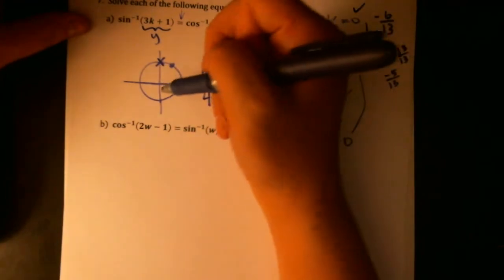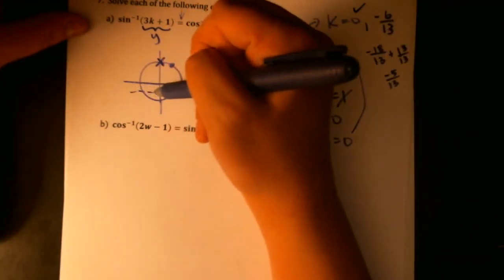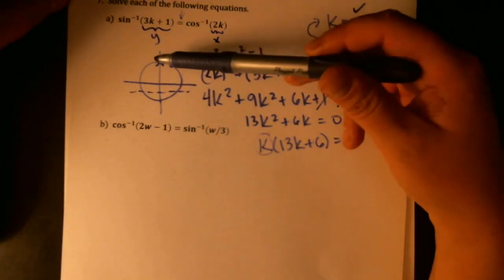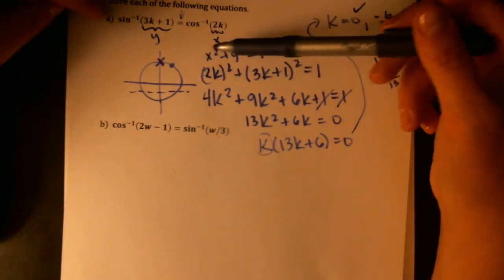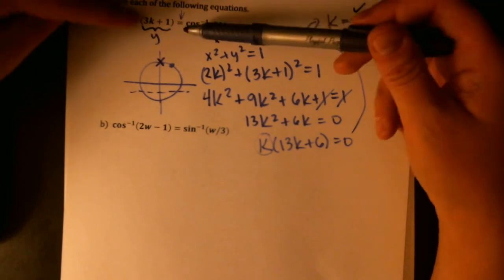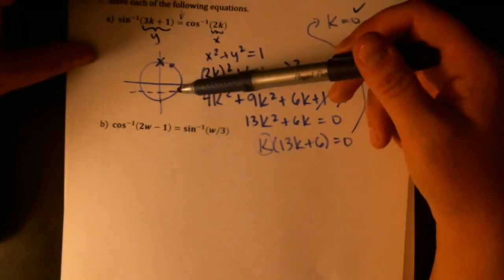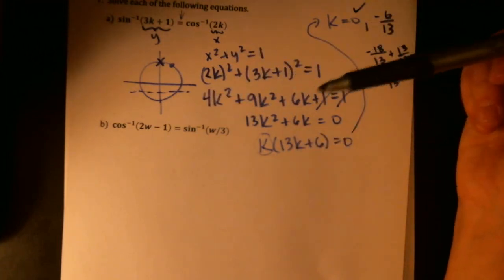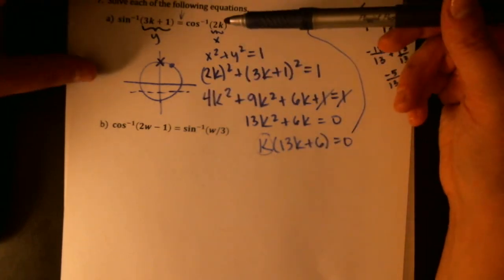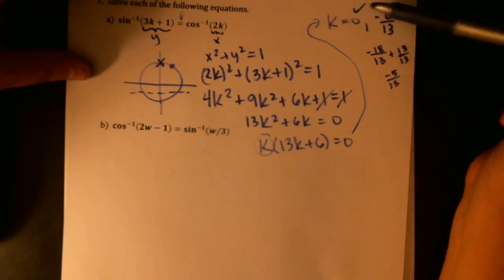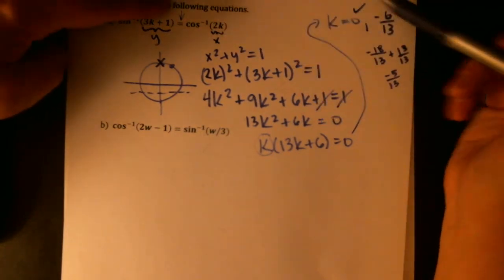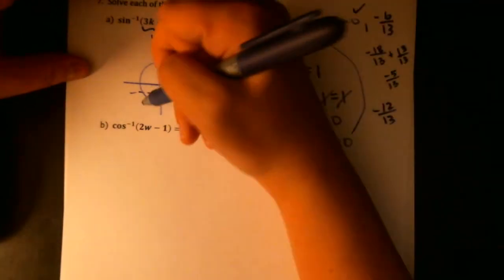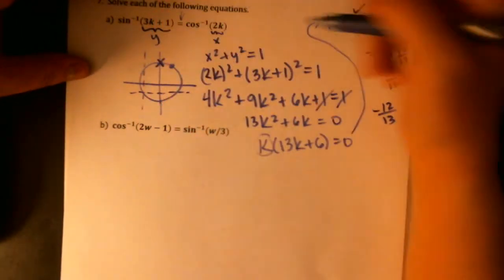Okay, so I say my y value is negative 5/13, and I'm concerned already because I've said that the only way this can work is if the arc lengths I get out are between 0 and pi over 2. Otherwise, inverse sine and inverse cosine are not going to give me the same thing. So I'm already pretty sure I'm in trouble, but if we want, we can check a little further. If we plug in negative 6/13, we get negative 12/13. So this is saying my x value is negative 12/13.